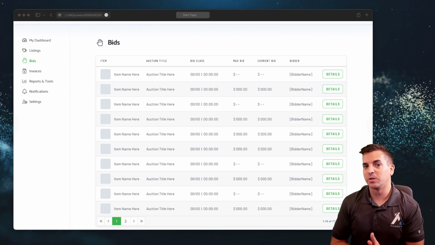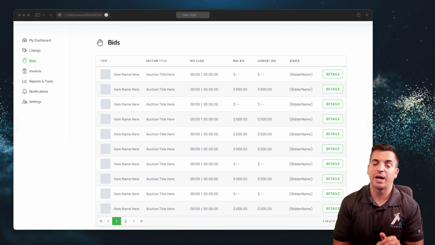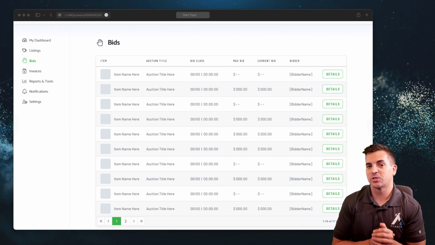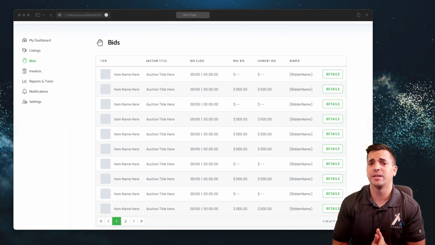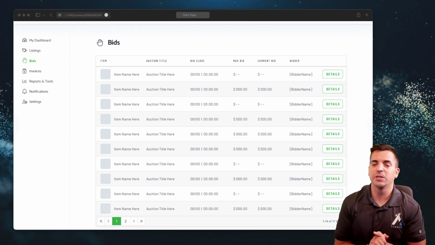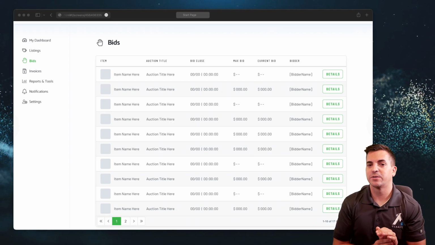Now, the other thing that we want to be able to do is, throughout the system, we want to be able to show the buyers and the sellers a de-identified set of bid history. So it's really important that throughout the data itself within the platform, we have the ability to tie the bids to different views for both buyers and sellers.